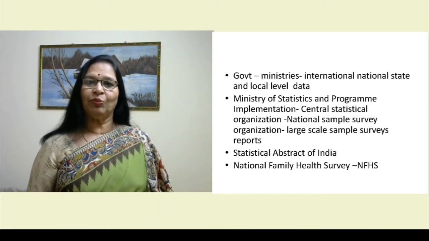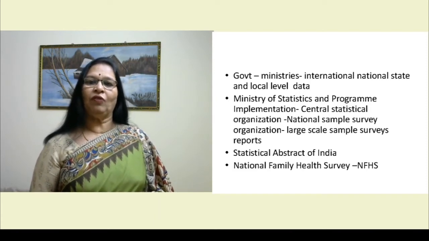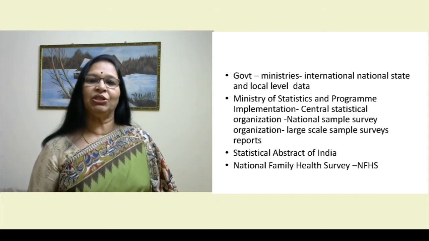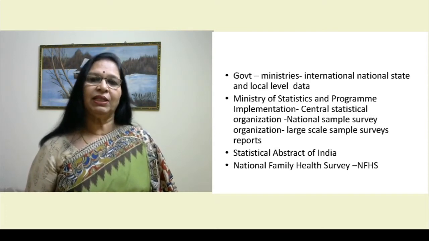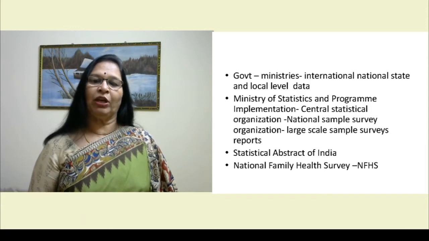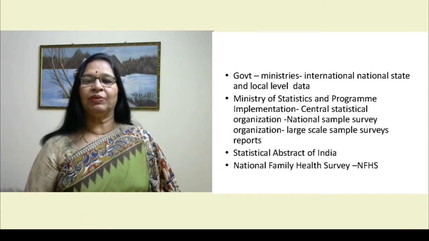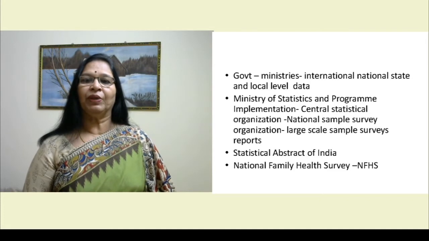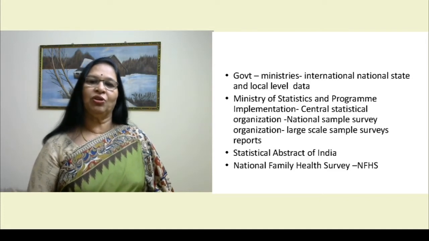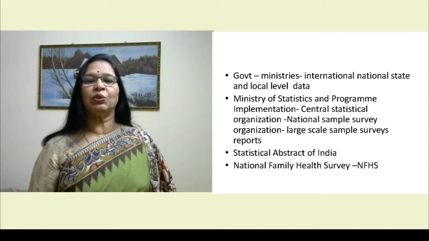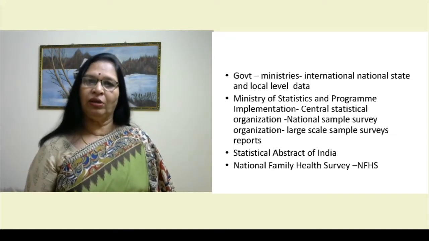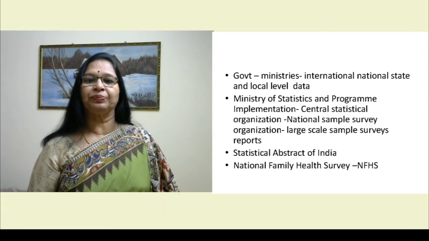So we have the Ministry of Statistics and Program Implementation, and then the Central Statistical Organization. The data that arrives from this body is the National Sample Survey, called the NSSO. NSSO is a major source of data for all researchers in social sciences.